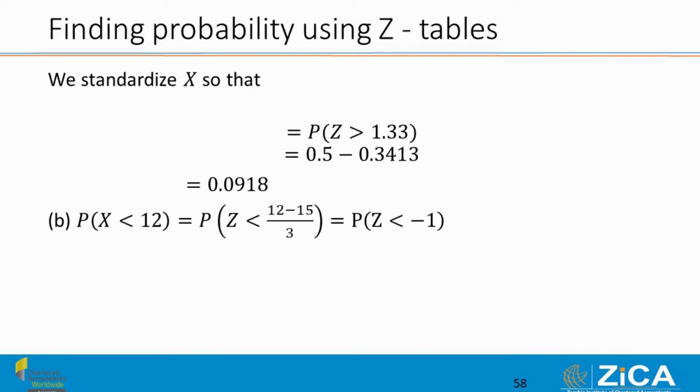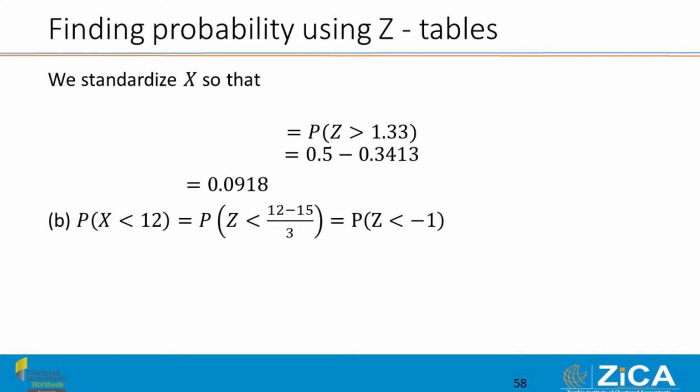Now we are looking for probability greater than 19. Along the column, it gives you to 1 decimal place. So along the column, you get 1.3. But on top there, the other 2 decimal places, 0.03, is along the what? The rows. On top, that is where that value is.